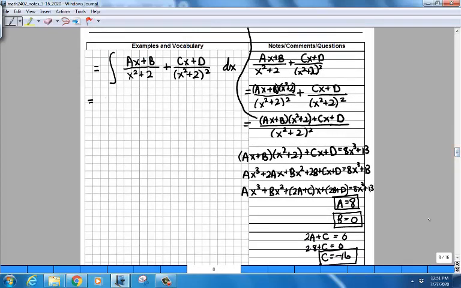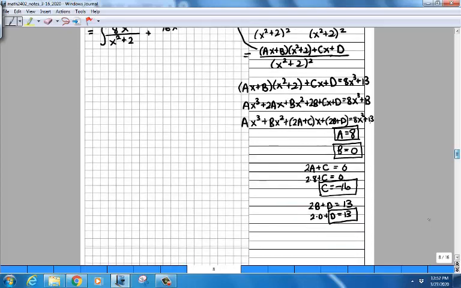So let's see, what do we know there? We know that a is 8, so we have 8x over x squared plus 2. Plus c is minus 16, so I have minus 16 times x plus, what was d? 13.